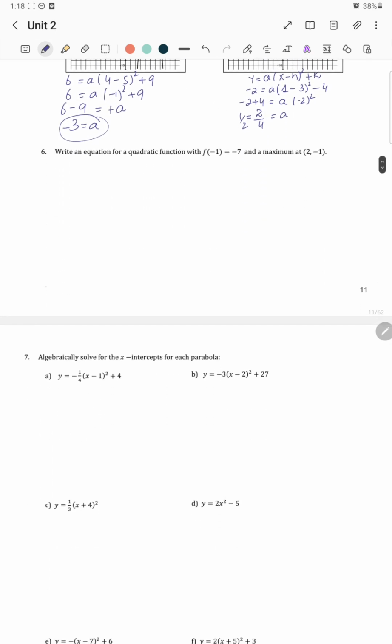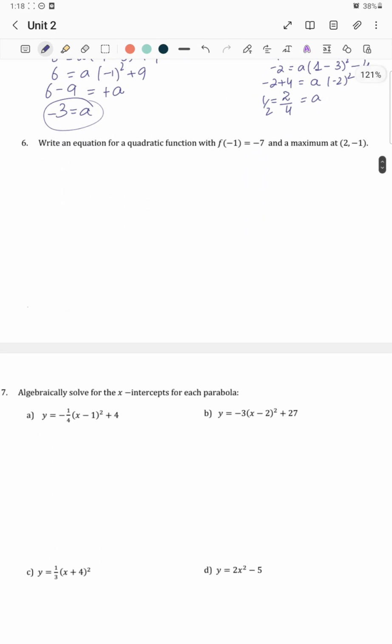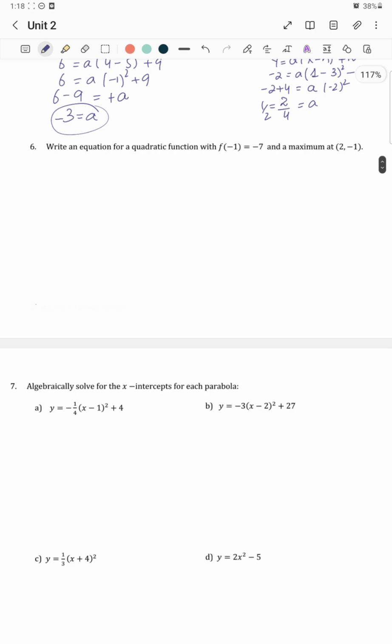Write an equation of a quadratic function with f of minus 1 is equal to minus 7 and maximum at 2, minus 1. So the vertex is at 2, minus 1. And f of minus 1 means x is minus 1 and y is minus 7. So we get 1 point.